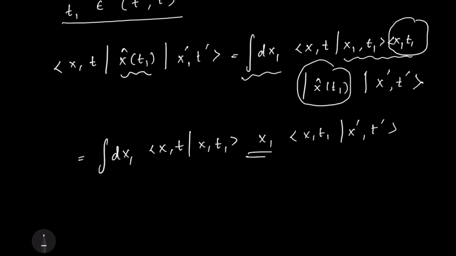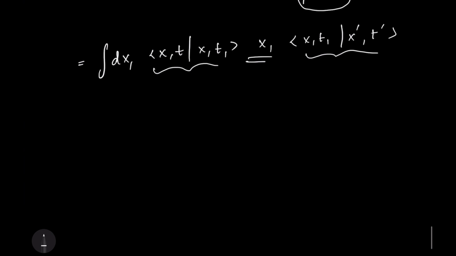Now plug in the path integral expression here. So this is nothing but the path integral expression, right? Previously we used to sum over all the paths between xt and x prime t prime, but now we have a point x1 t1 which is in between x prime t prime and x t.